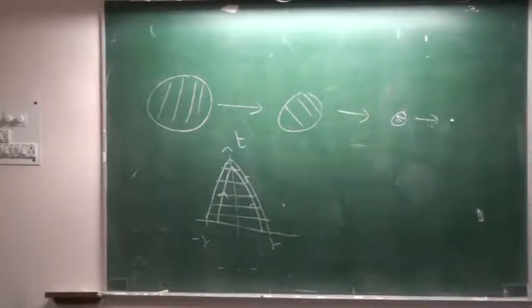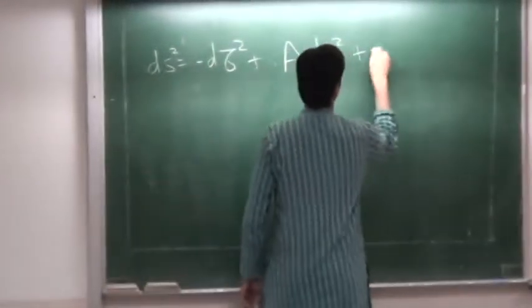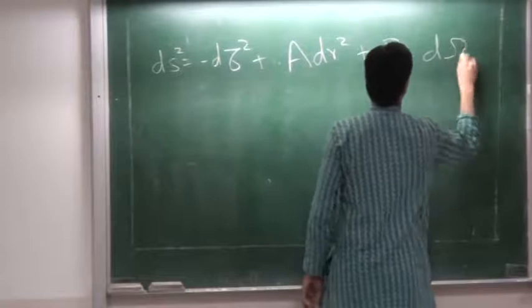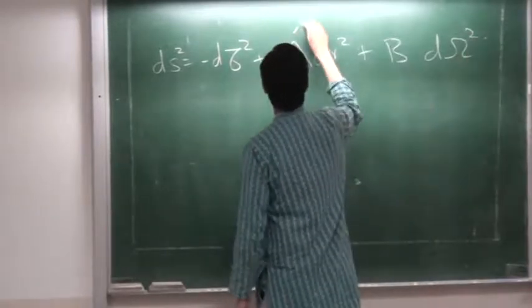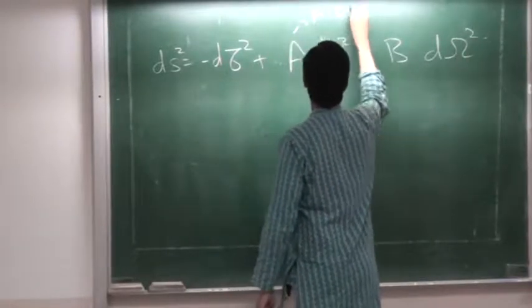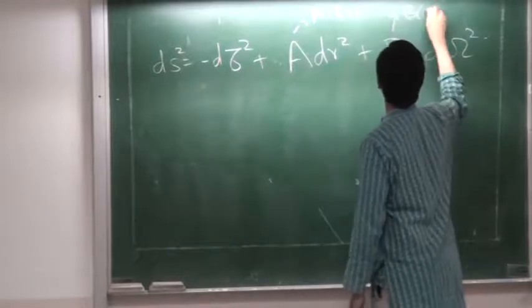And what that means more precisely is that you write the metric as a spherically symmetric metric, but in the following coordinate system. The statement is you write the metric as ds squared is minus d tau squared, plus a dr squared plus b d omega squared, where a is of course a function of a of tau and r, and b is a function of b of tau and r.